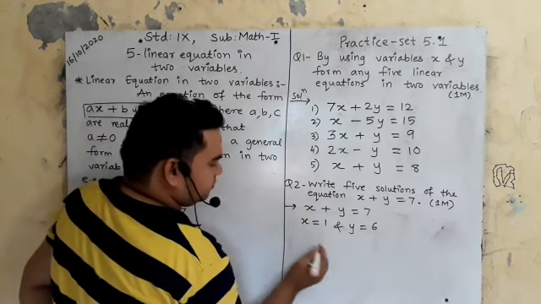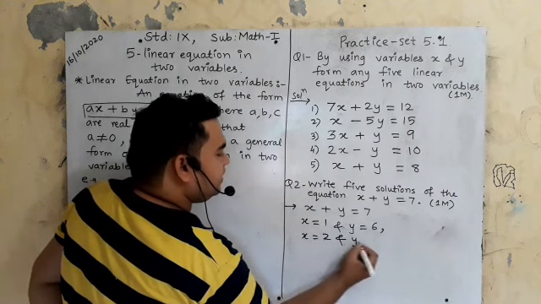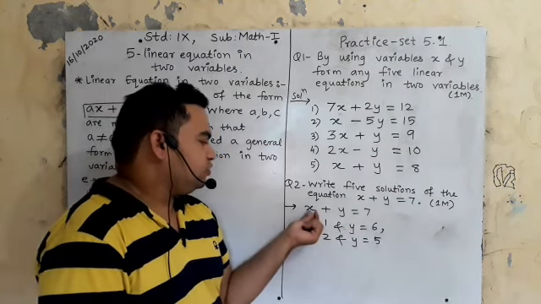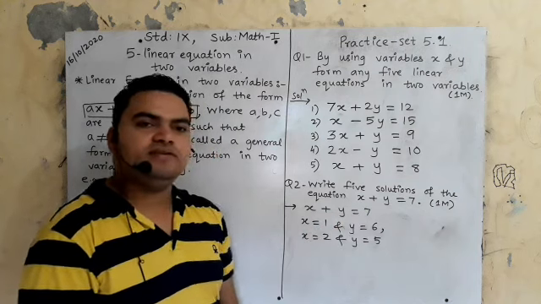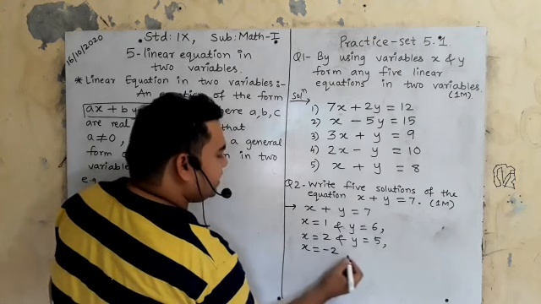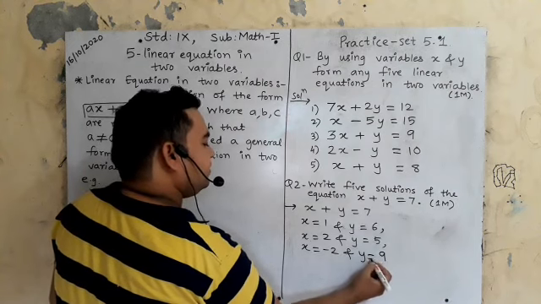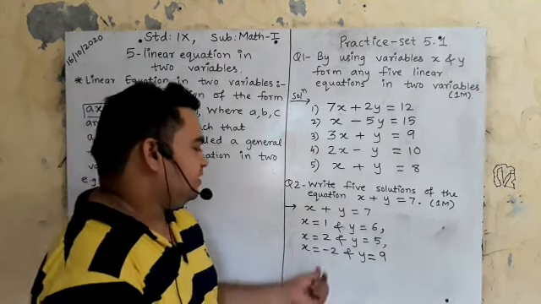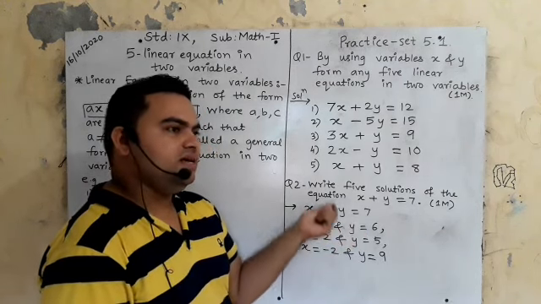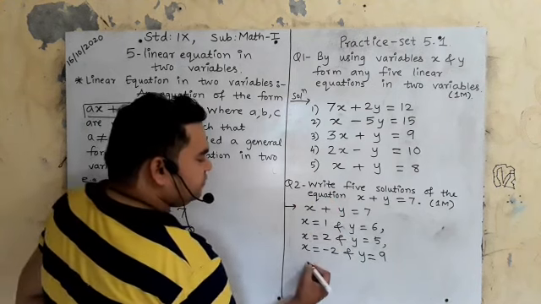Now if you use x is equal to 2 and y is equal to 5, then also the answer will be 7. 2 plus 5 is equal to 7, right? Now see, if you say x is equal to minus 2 and y is equal to 9, minus 2 plus 9 is 7. Is it clear? What else can you use?